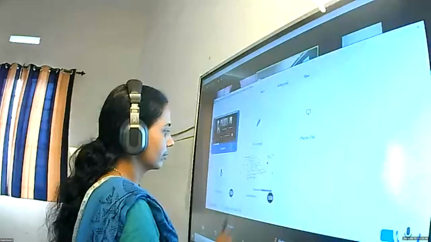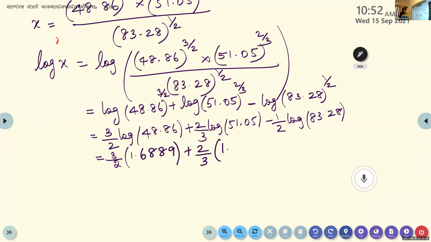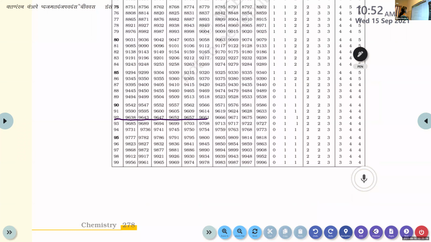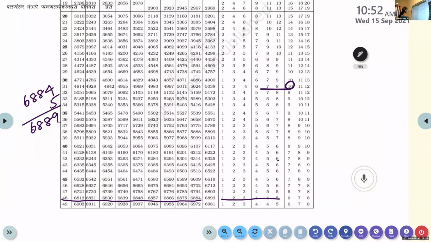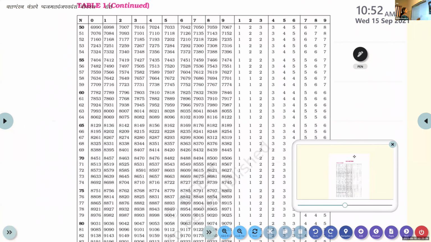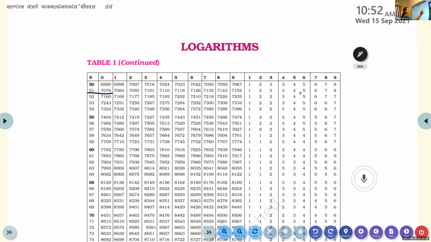51.05. Logarithms. 51.05. So we'll get 7076 plus 4.